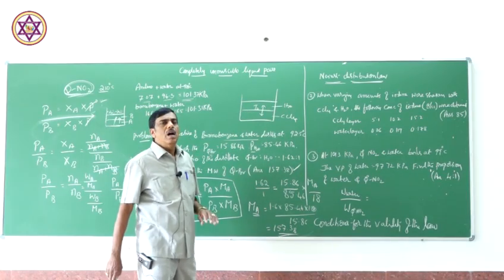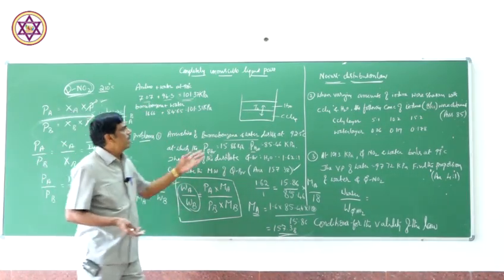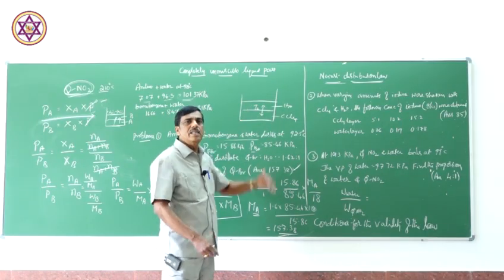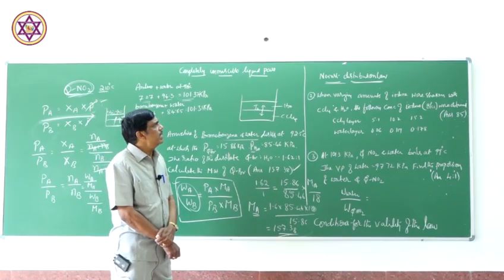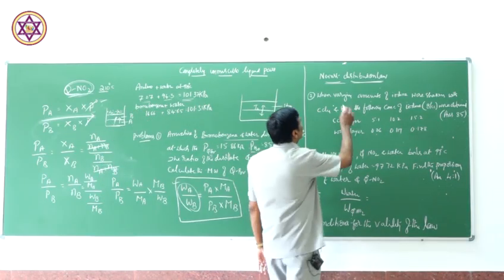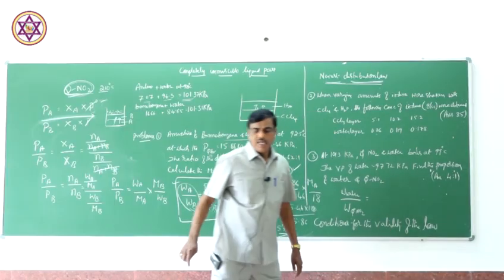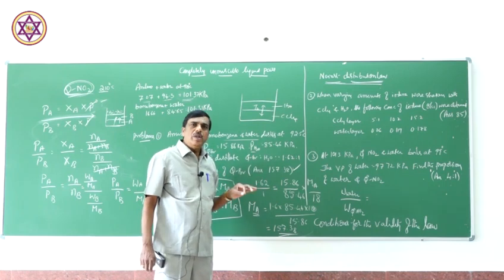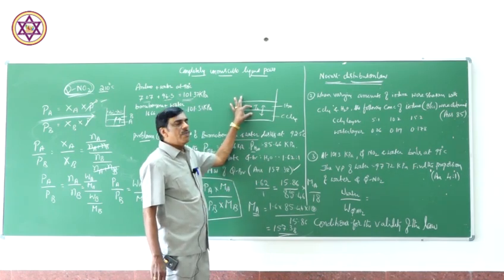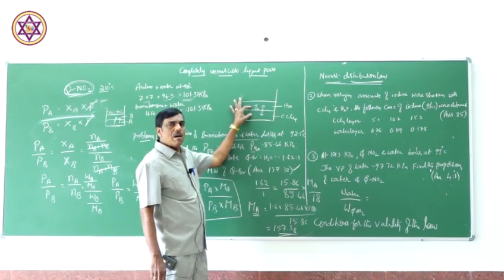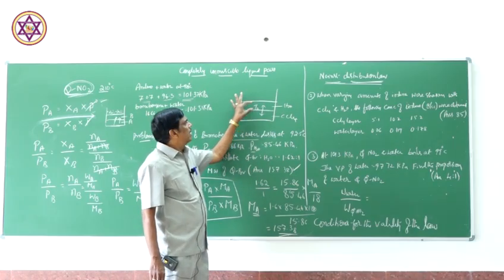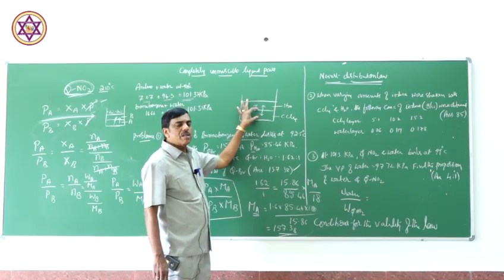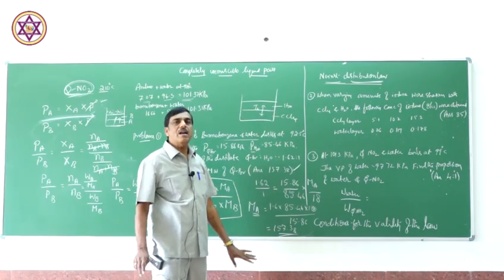In such a case, a law has been proposed, that is Nernst distribution law. It says that when a solute is added to a pair of immiscible liquids, the ratio of the concentrations of the solute in these two immiscible liquids is a constant at constant temperature.